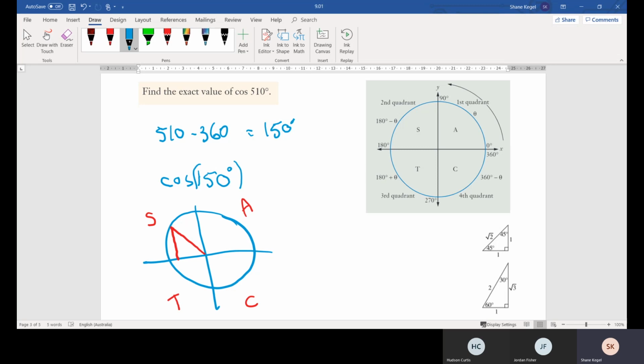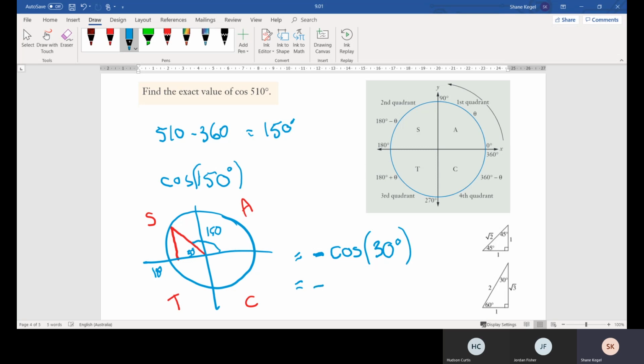So if I put in my 150 degree angle, 150 degree angle is here, and I use my 180 take my 150 to give me the angle on the inside, which gives me 30 degrees. So 2 bits of information here. First one, sine's only positive, which would mean that our cos would be negative in this quadrant.